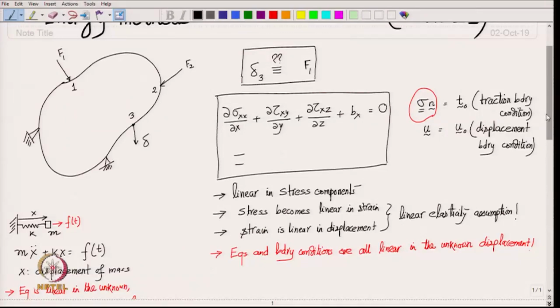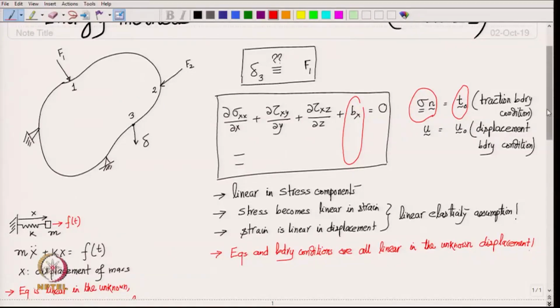That is the body force here, and through boundary condition we have this traction T naught. These are things which are being applied by the external agent. So, if you double these things, your solution will also get double, and that is all because we have linear equation.